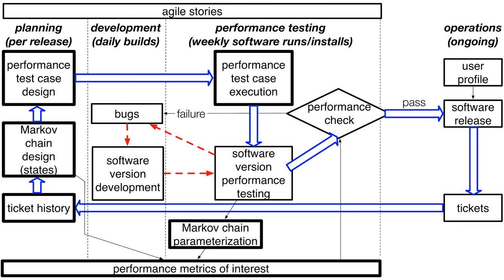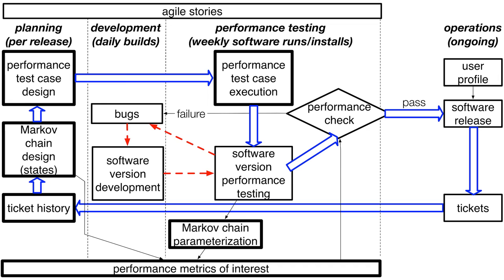First, analysis of ticket history generated by operations is used to create a Markov chain design, which generates a performance test case design. Then performance test case execution is used to parameterize the Markov chain using test case results.